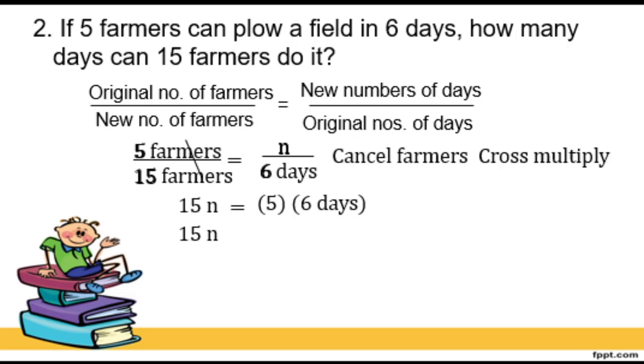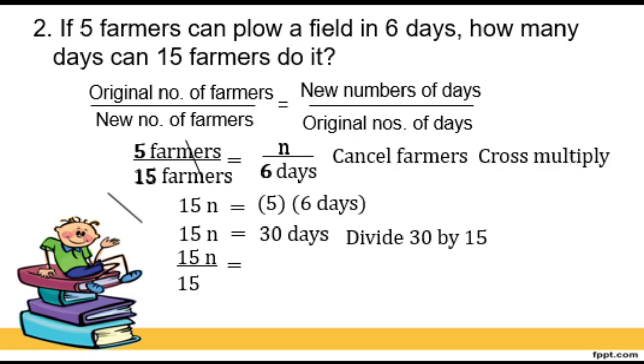And then 15 divided by 15 is equal to 1, and 30 divided by 15 is equal to 2.